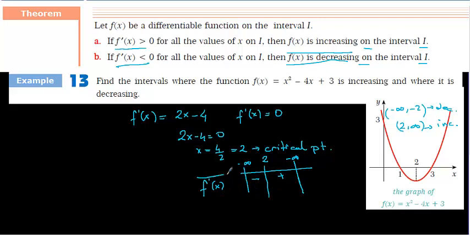This is f'(x), but we are going to try to understand when the function is increasing or decreasing. When f'(x) is negative, the function is decreasing. When f'(x) is positive, the function is increasing.